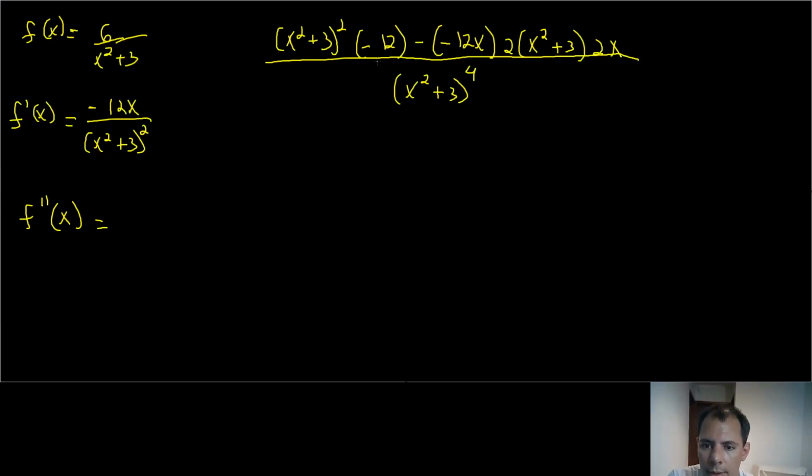Okay, now we can simplify a little. You see, this is like the sum of products. So this is one product, this is another product, and this is another product. You can see that in all the three products you got x squared plus 3, at least one term.